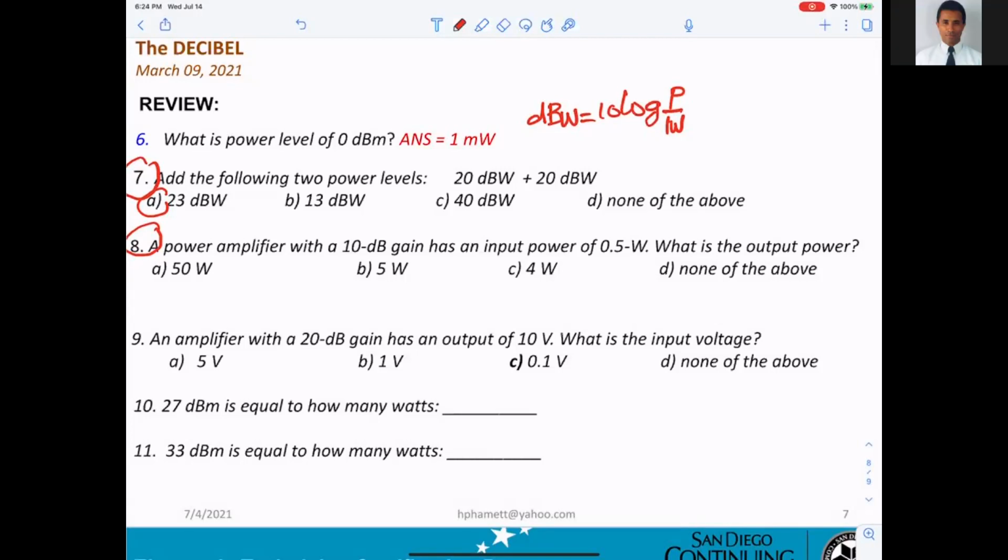B, letter B. Okay, you get the letter B. The answer we get is letter B here.